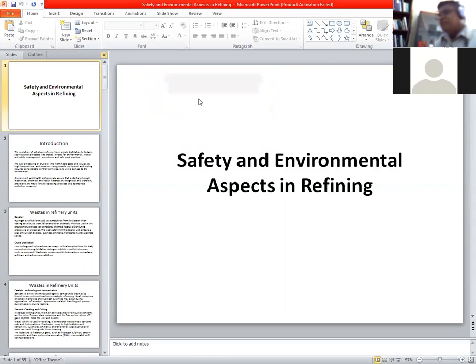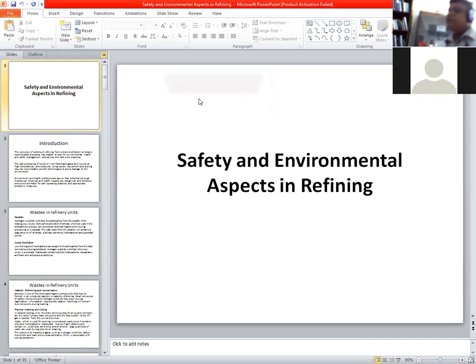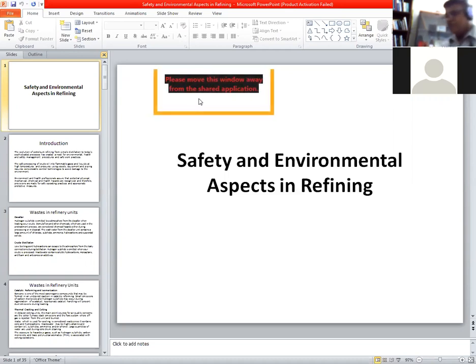But for the petroleum refinery, the effluent is called PRE, petroleum refinery effluent. So the emissions can be gas, can be liquid, that is water, and solid also. For example, gas emissions.